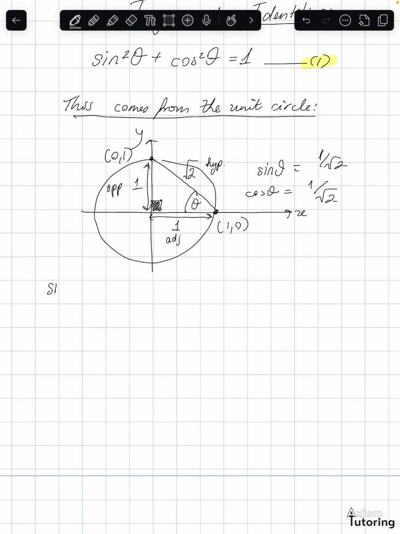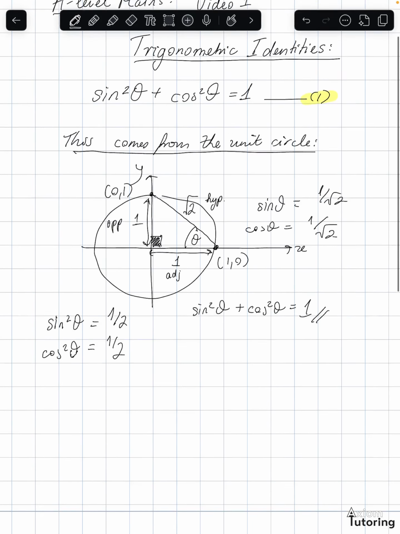Then from there, we're going to square sine theta and cos theta to get sine squared theta and cos squared theta. So we're squaring 1 over root 2 for each, so that's half for sine squared theta and half for cos squared theta. Then we can just add them. A half plus a half is just 1, so there we have derived our first trig identity.